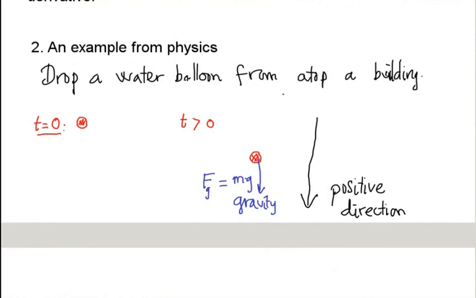And what other forces can we consider here? There may be others, but for now, let's just assume we have one other, that is the air resistance, denoted by F sub D for drag force.